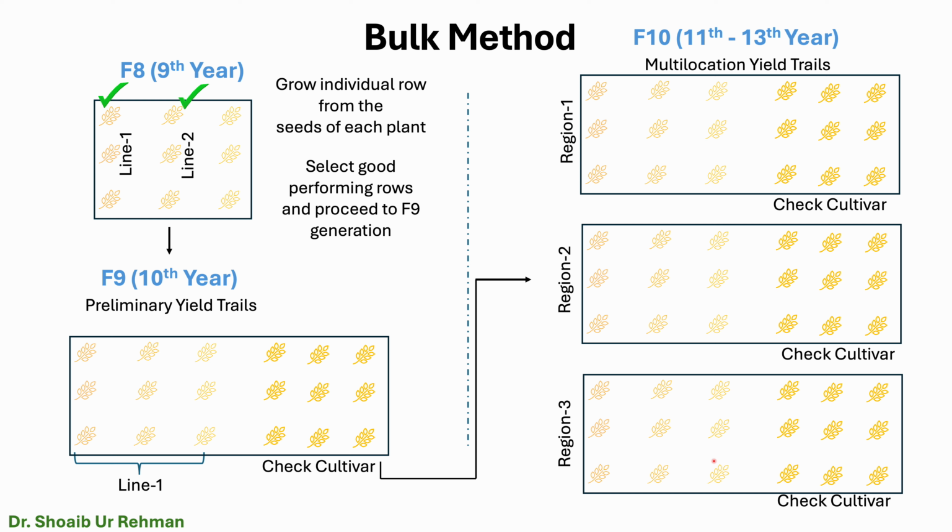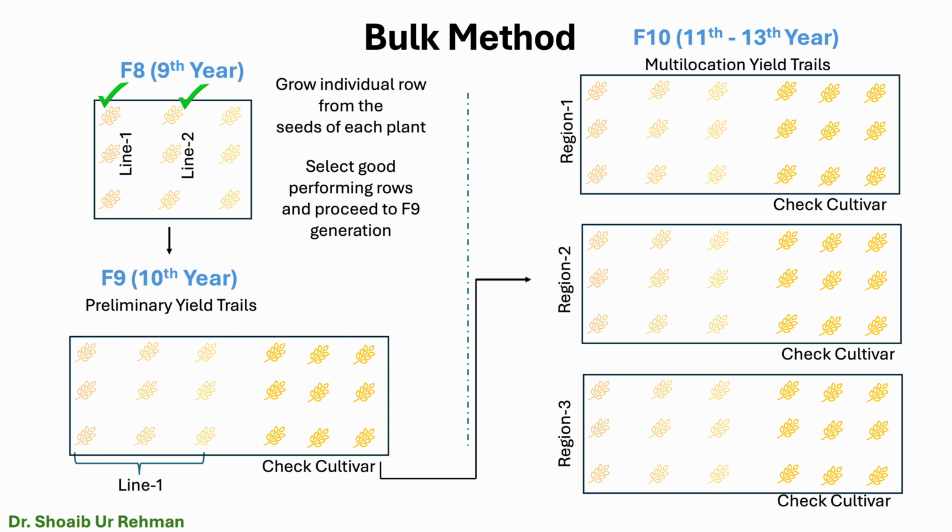Otherwise, for example, if our variety performs better only in region number 1 or region number 3, in this way we can say that our variety should be released as an actual variety or cultivar in region number 1 and region number 3, right?